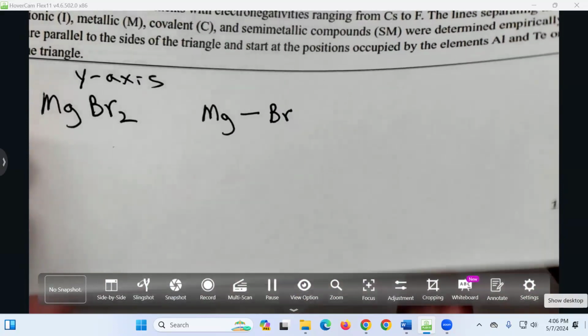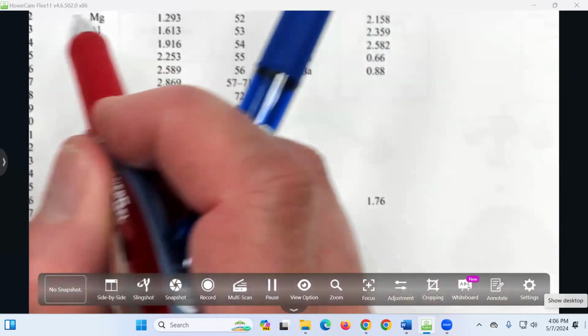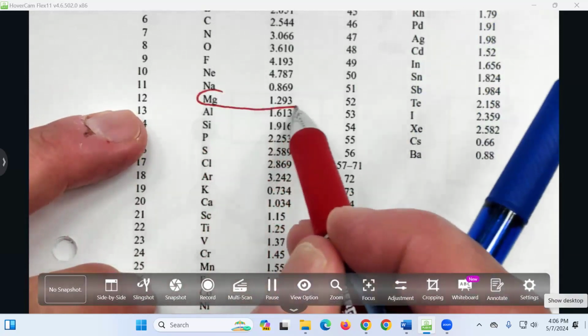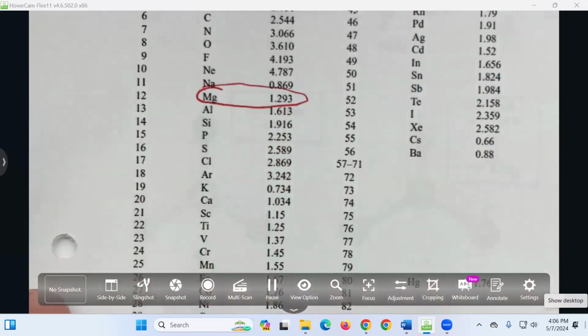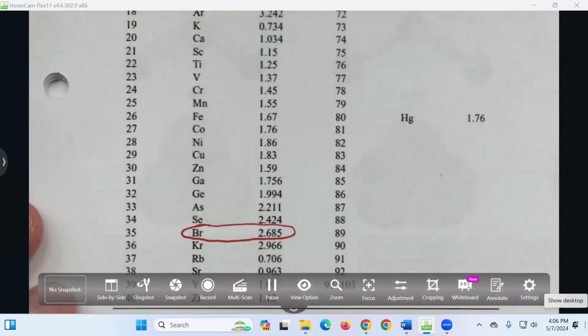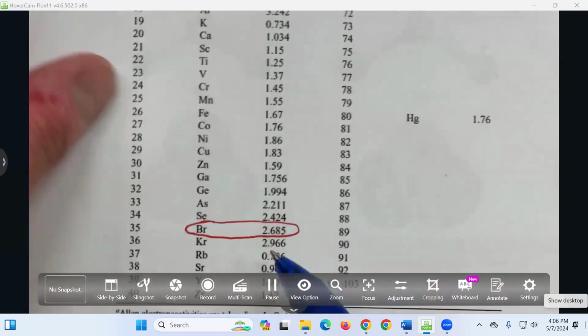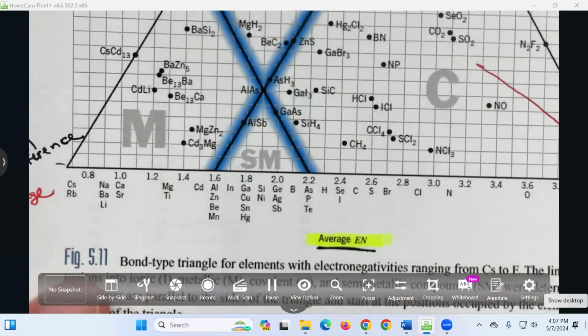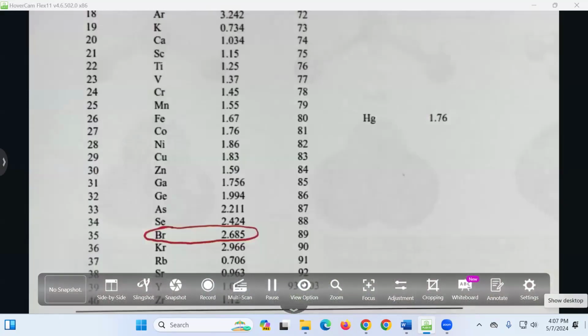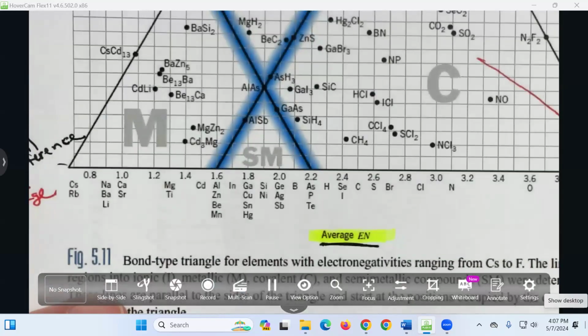Let's see where they are on the next page. On the next page, Mg's right here, and my bromine is down here. So I have 2.685, and my magnesium is 1.293.